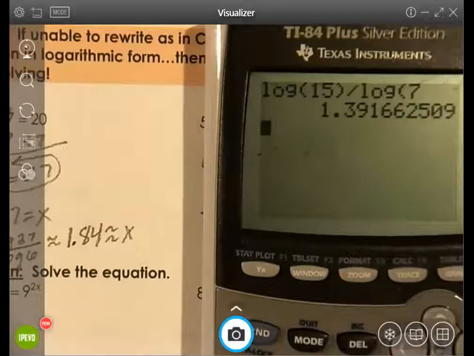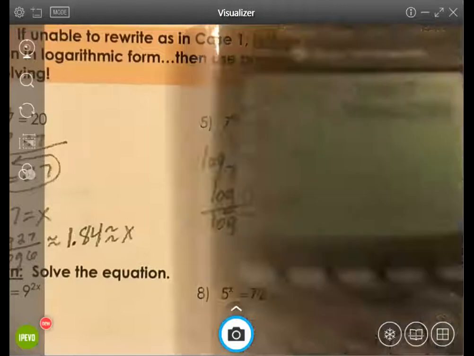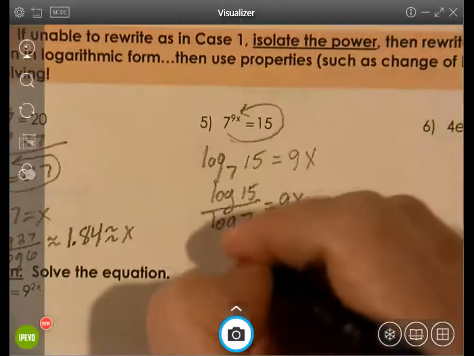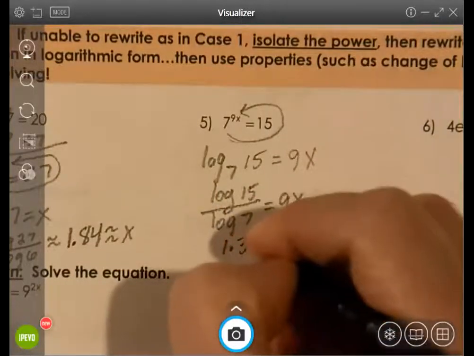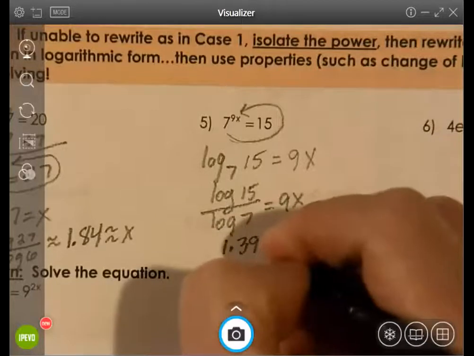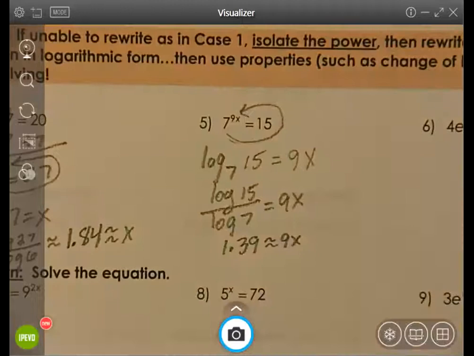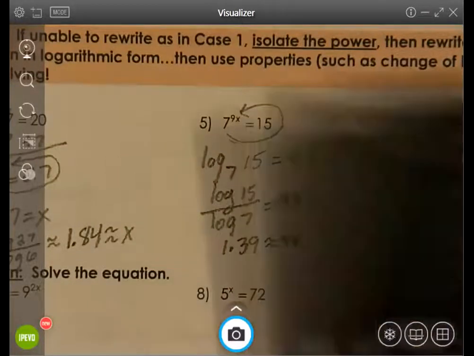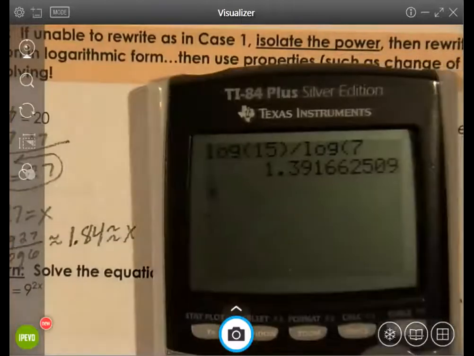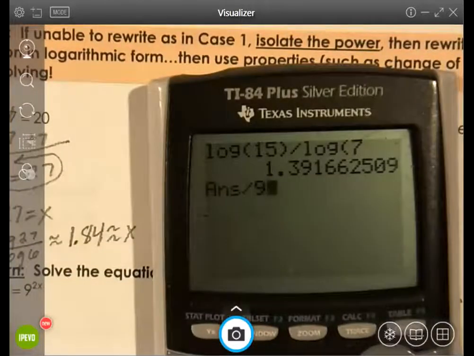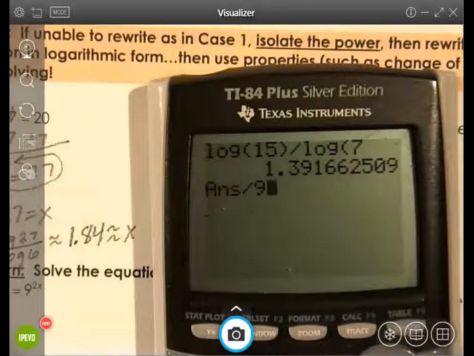And that's 1.39 approximately. Then we're going to divide both sides by 9. So I'm still going to keep that exact number in my calculator. And I get 0.54.